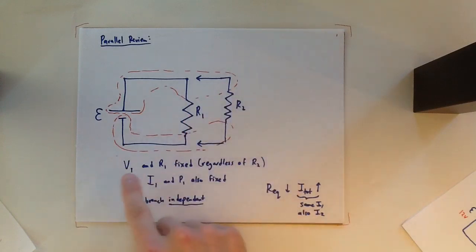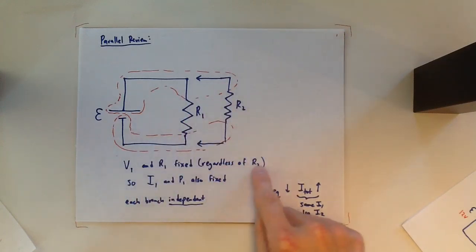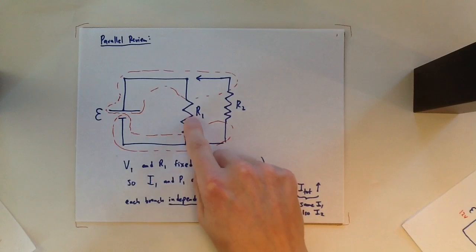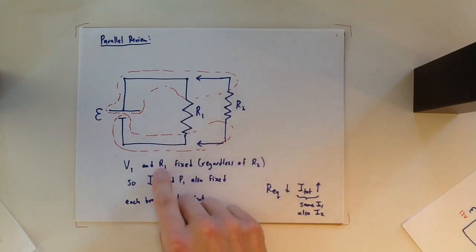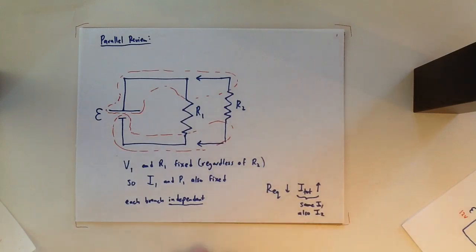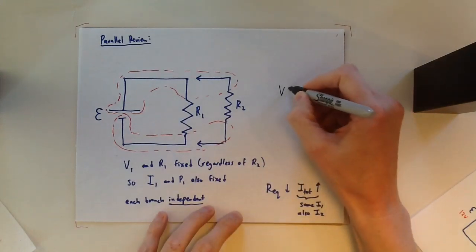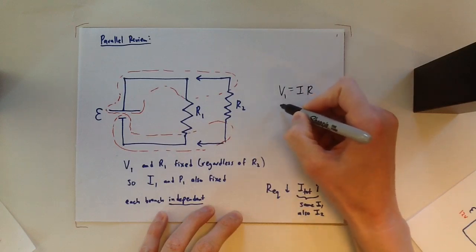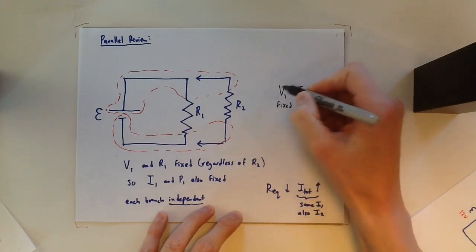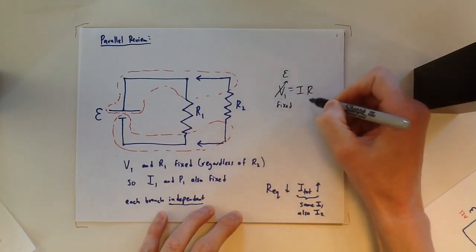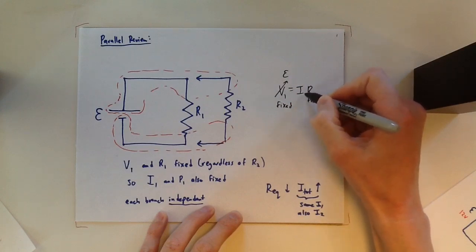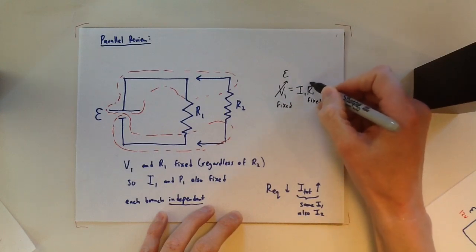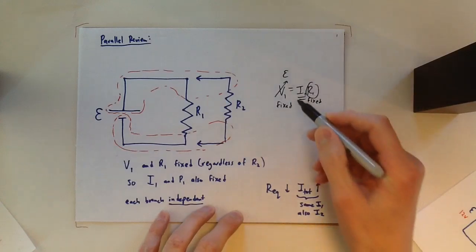So if V1 is fixed regardless of R2, and R1, of course, its own resistance value is fixed regardless. And so what that means, if we look at Ohm's law here, V equals IR, well, if V1 is fixed, that's the EMF of the battery, and of course this R1 is fixed, then there's no wiggle room there.